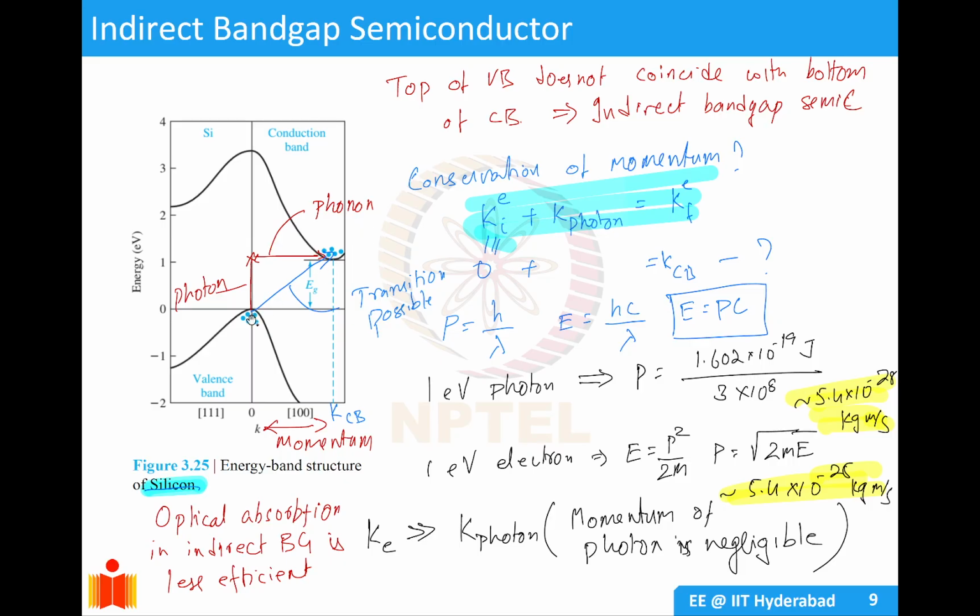So it requires creation of a phonon, and so you need the energy from a photon as well as a phonon for the transition, and that is why it is much less efficient. The probability is much lower.